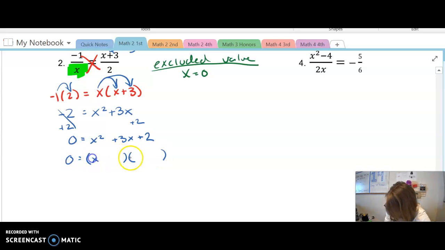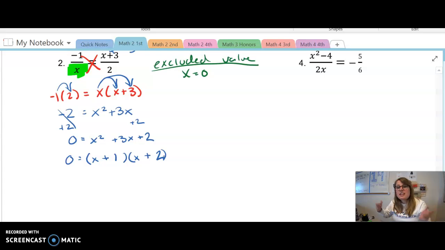I have an x here and an x here because we don't have any coefficient on x squared. I look at my c value and my b value, and that tells me that we are going to have 2 plus signs. A factor pair of 2 is 1 and 2, and 1 plus 2 does equal 3.